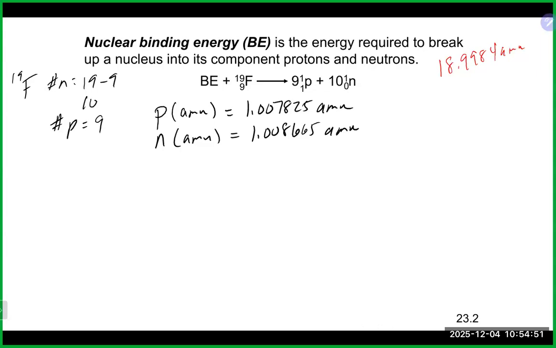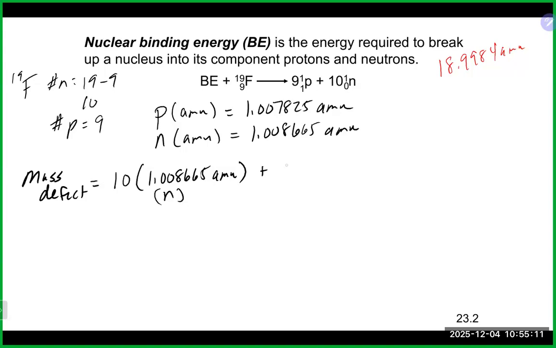So we could calculate the mass defect by taking the number of protons and the number of neutrons and adding them up together with their masses. So we have 10 times our number of neutrons, 1.008665 AMU, plus our 9 protons at 1.007825 AMU each.